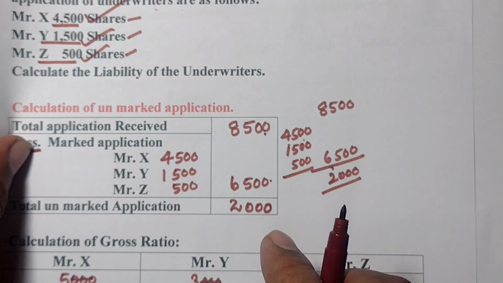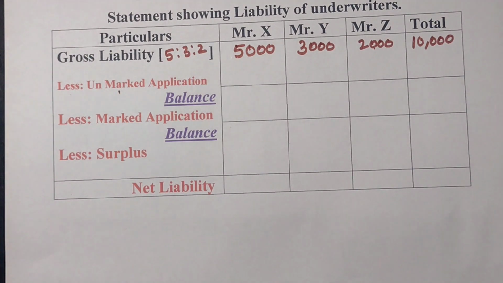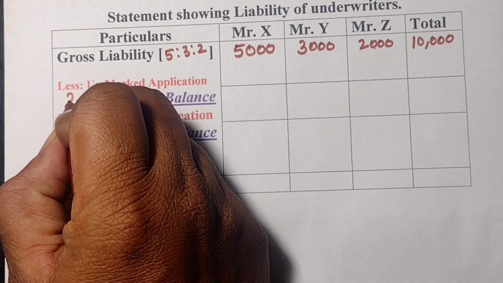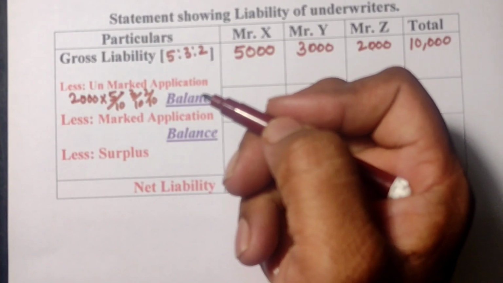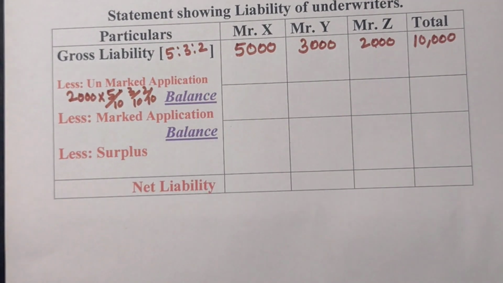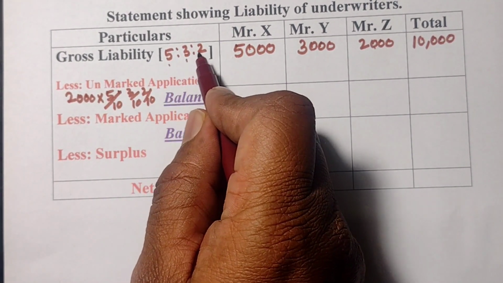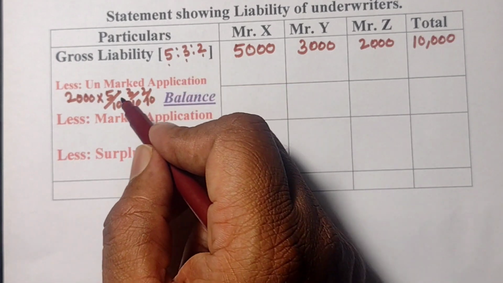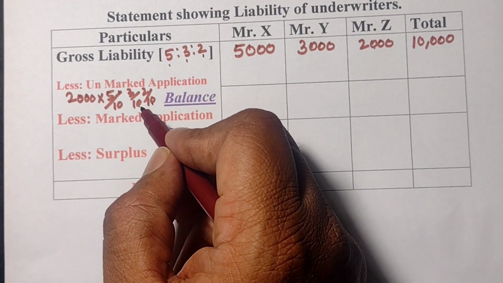That 2,000 shares should be distributed among the underwriters in the ratio 5 by 10, 3 by 10, 2 by 10, since 5 plus 3 is 8, 8 plus 2 is 10.